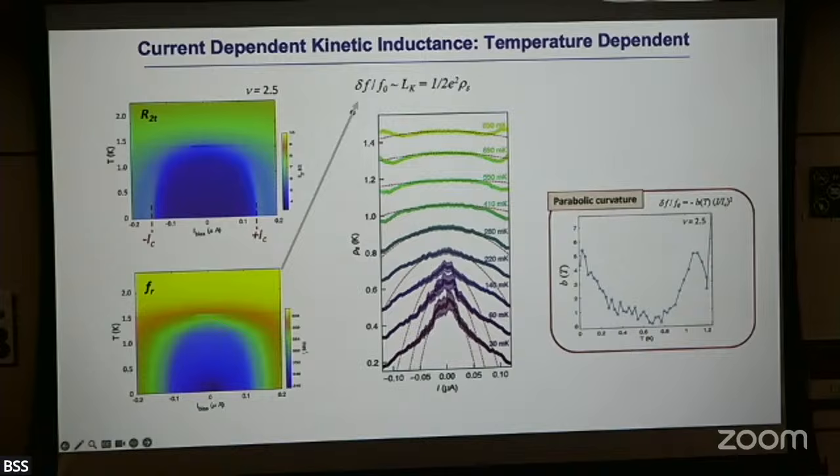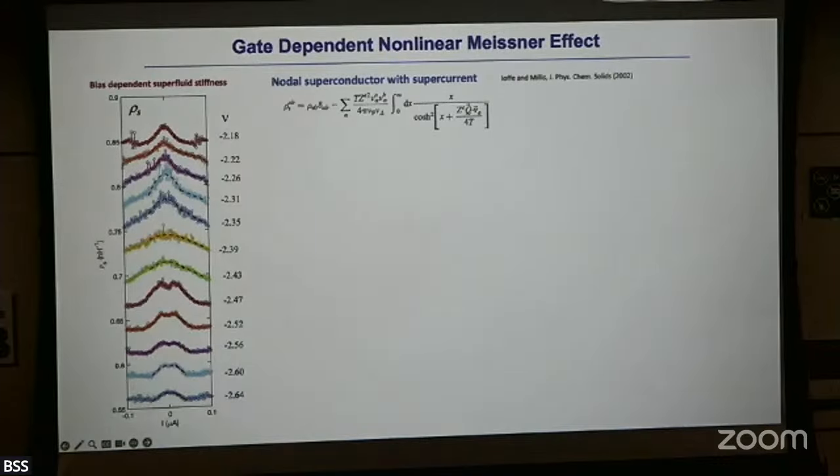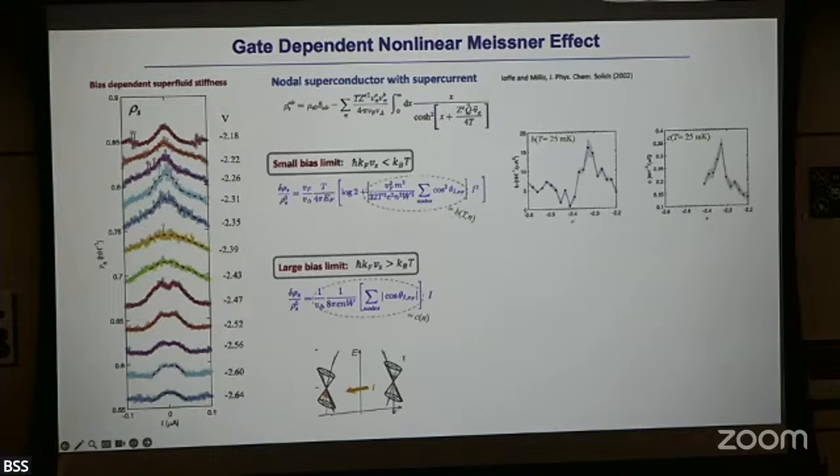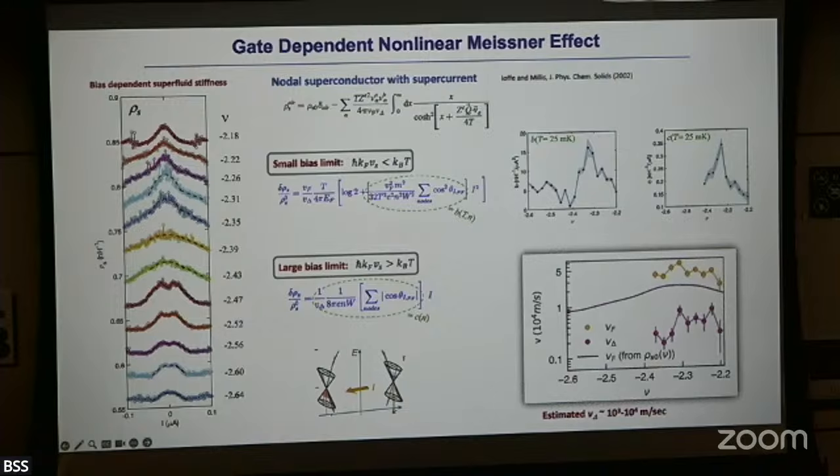It's a very preliminary study, since we don't have too many electrodes, but at least with this nonlinear Meissner effect we can measure the nodal velocity and such. I don't want to go over the details, but a more quantitative analysis can be done through this nonlinear measurement. Okay.